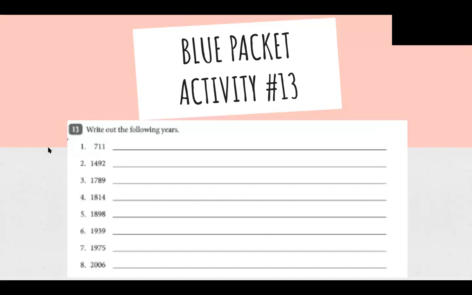Let's move on to activity number 13 in your blue packet. I'm turning my page. Activity number 13 was asking you to write out the following years, and your job was to write that with words in Spanish, all right? So for number 1, you should have 700. Remember that this is one of those numbers that's tricky. It's not 700, it's 711, all right? Número 2, 1,492. Número 3, 1789.